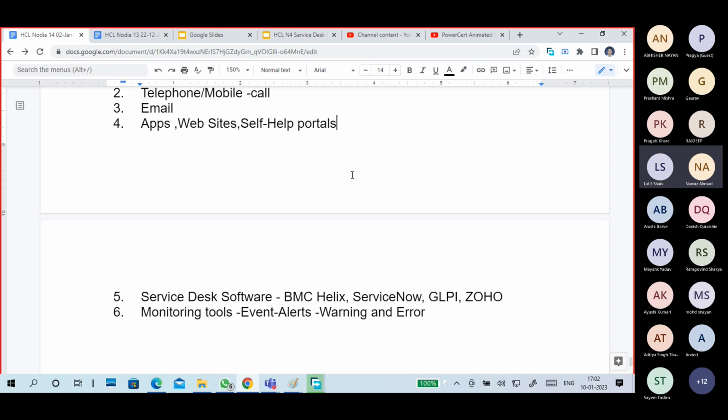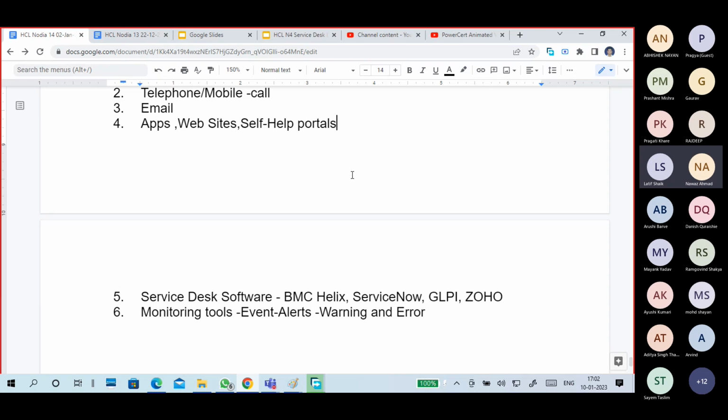Other software is used for maintaining the service desk, so everything should be maintained in order with the ticketing system, infrastructure, and asset management. You can do all these things using different software like BMC Helix, ServiceNow, Jira, GLPI, Zoho and so on. And there are monitoring tools.